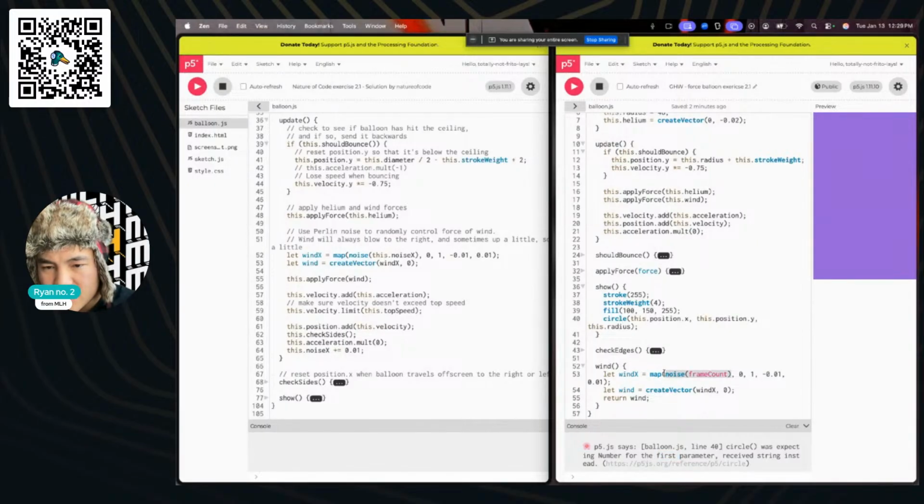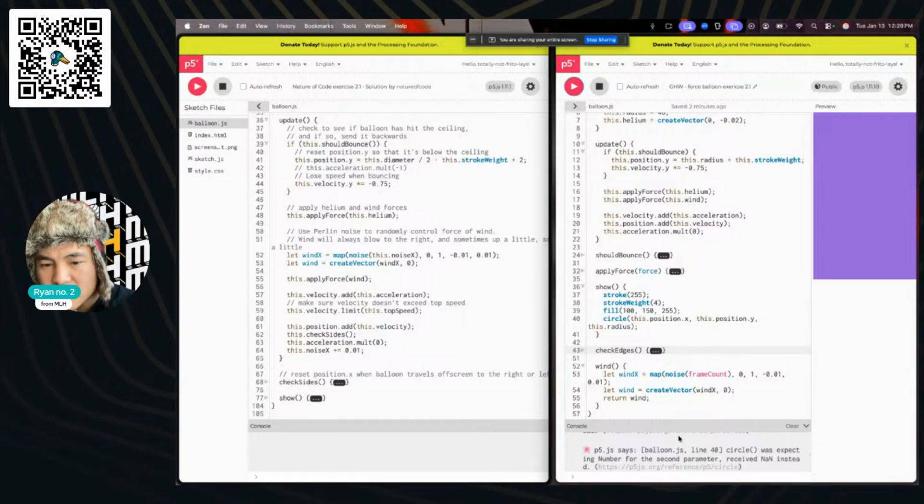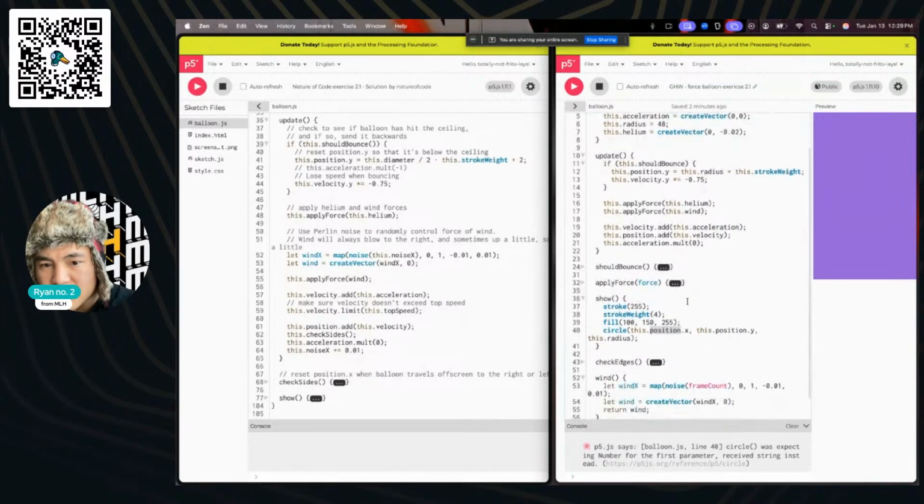I'm assuming by first parameter it's actually talking about, maybe it's happening over here. Noise, frame count, create vector, apply wind. Line 40. Position dot x, position dot y. Am I spelling position wrong?